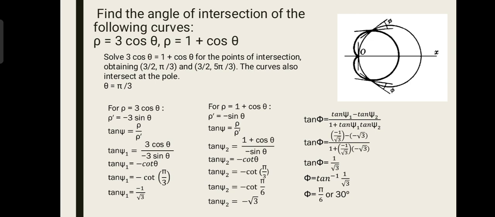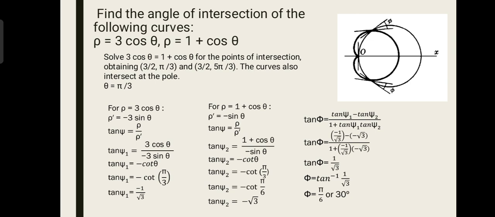Since we have the value of θ, we'll substitute it. So tan ψ1 = −cot(π/3), so tan ψ1 = −1/√3.